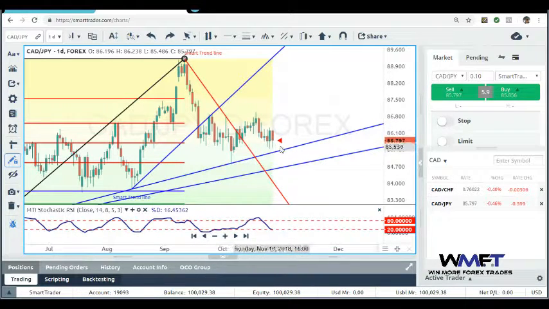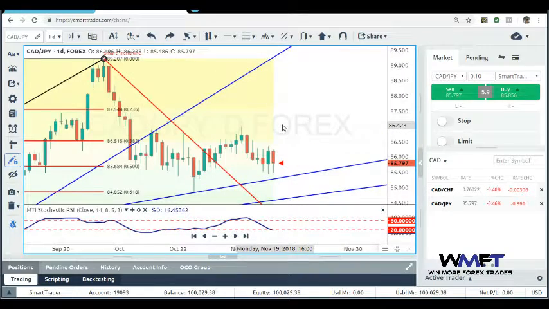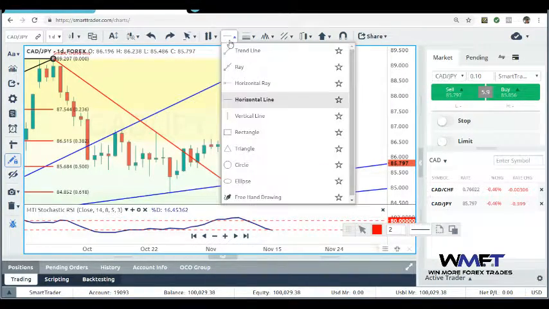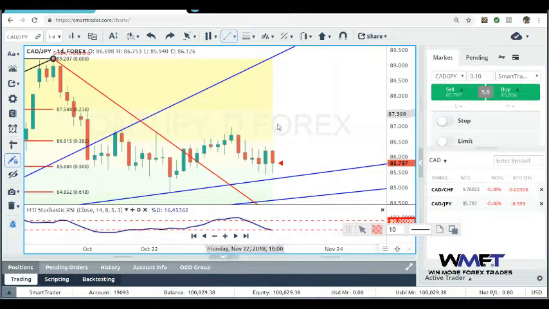We have a nice low price here, and what we would want to do is wait on a counter trend line break. Hold on, let's get this cleaned up. So you want to wait for a counter trend line break here across the top of these candlestick wicks.